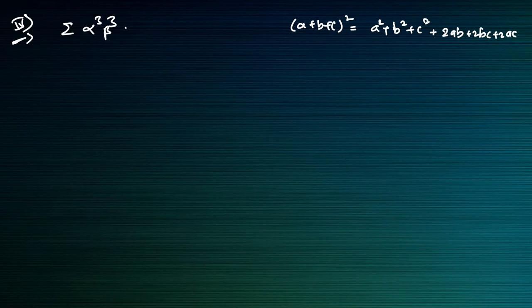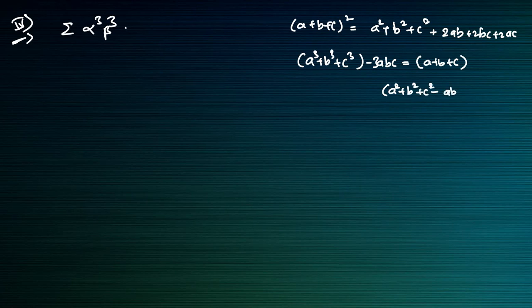And another formula: a cube plus b cube plus c cube minus 3abc is equal to (a plus b plus c) into (a square plus b square plus c square minus ab minus bc minus ca). So these two formulas we are going to use in this problem, so we will get the answer here.